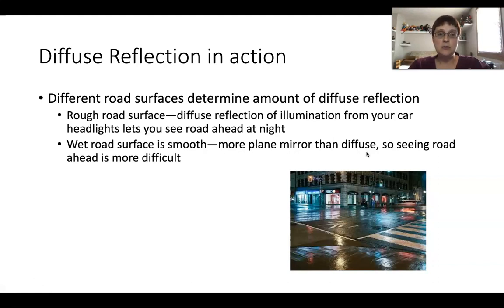So if, again, you've been driving down the road after it's rained, think about it, your headlights don't work as well. And this is because your headlights go out, they hit the road, and they're actually going to mainly bounce up and away into the sky. Not very helpful.